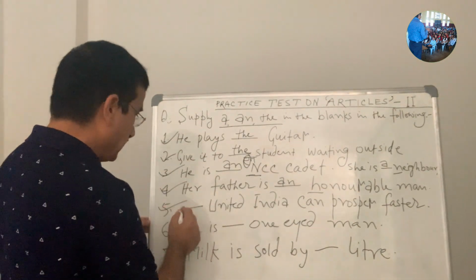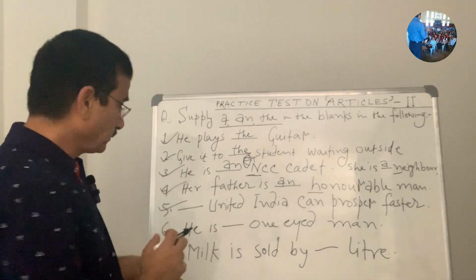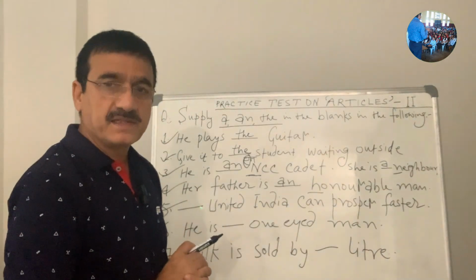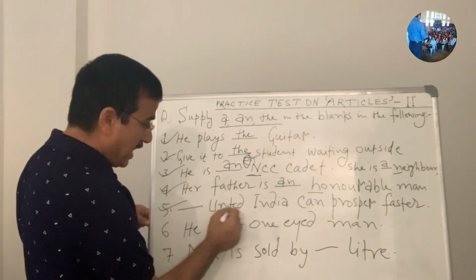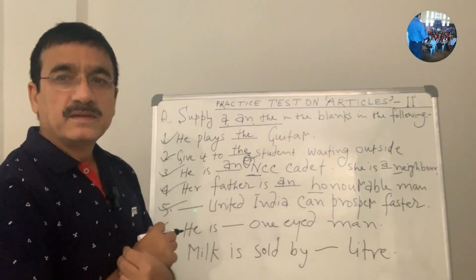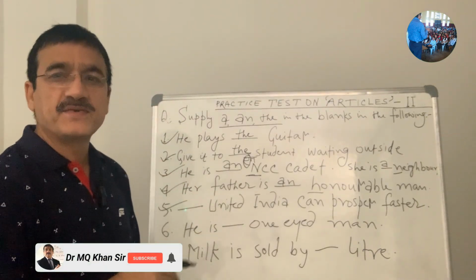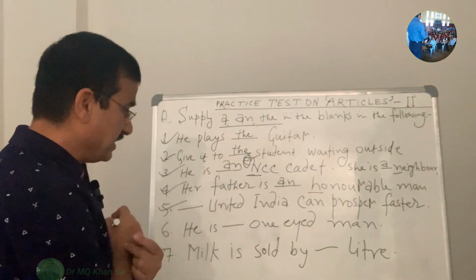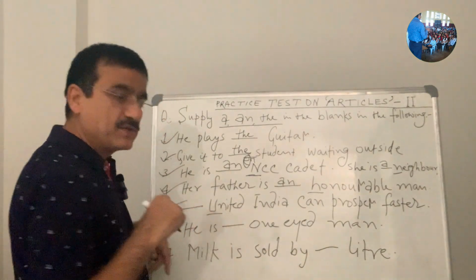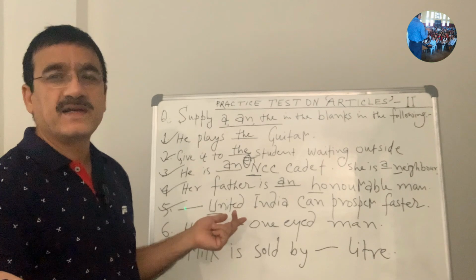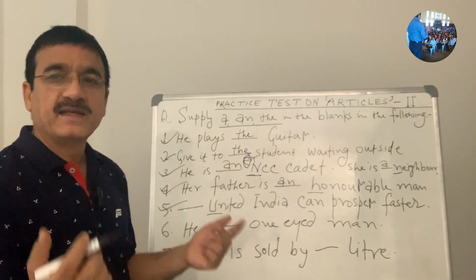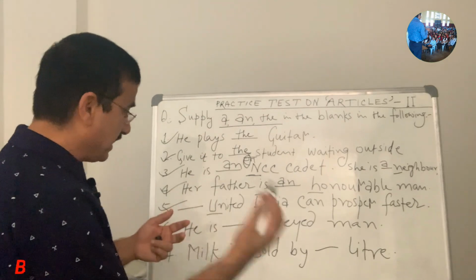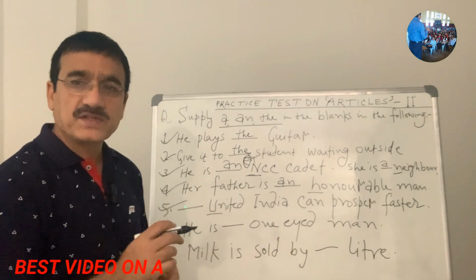Next, sentence number 5. Blank United India can prosper faster. So, united. What will you use here between a and an? This United India, U equals yoo, a consonantal sound. I have been repeating this in almost every video on the use of articles, and while doing the test in the last video too.